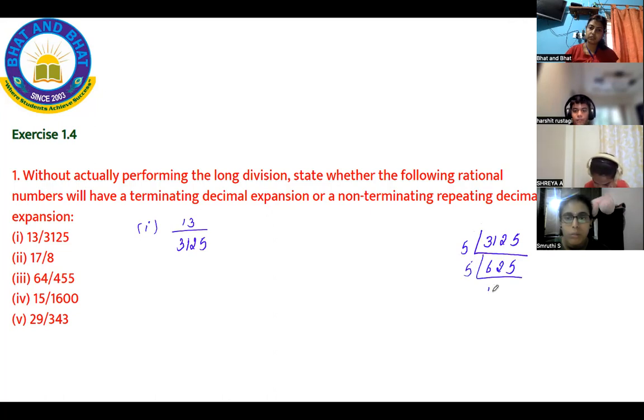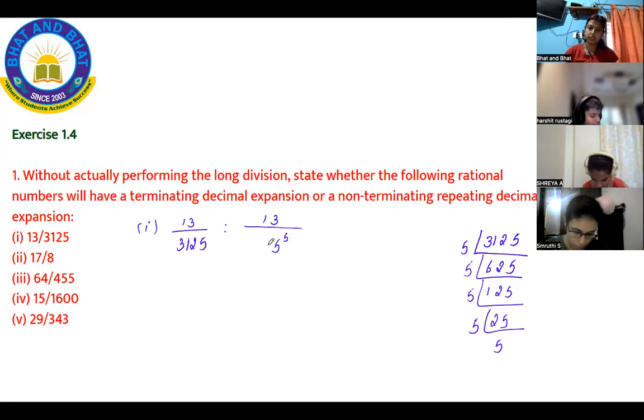Then again 5, 125. Then again 5, 25. 5 fives. So how many times do we have 5? 5 times. So I can write 3125 is equal to 5 raised to 5 into 2 raised to 0. Correct?